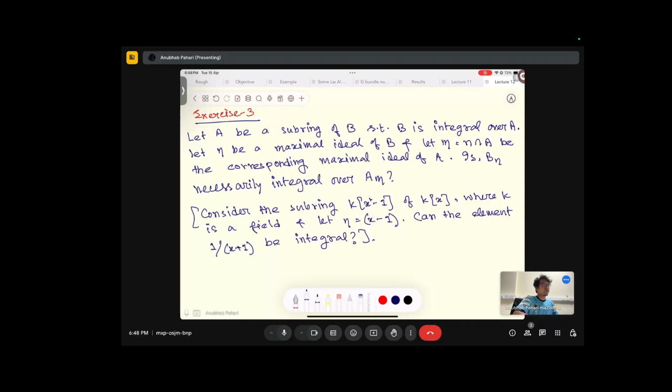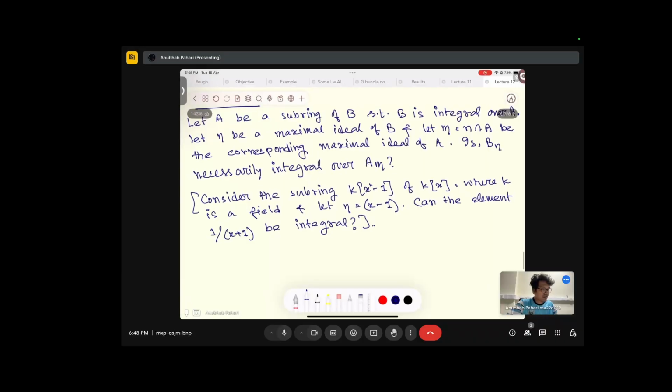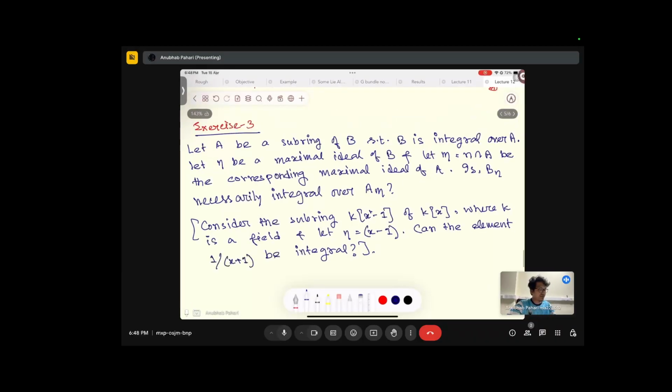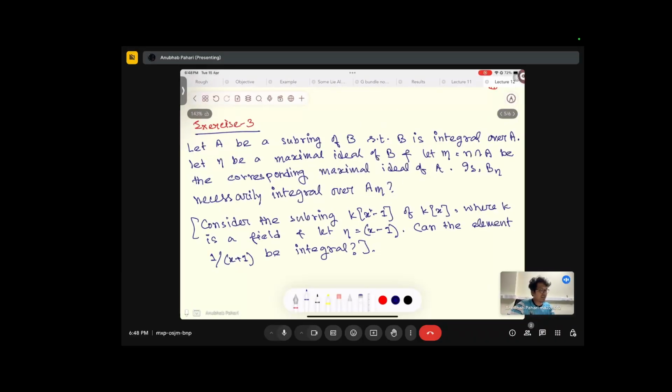Okay. Now, so we'll answer this question by this example showing that Bn is not necessarily integral over Am.